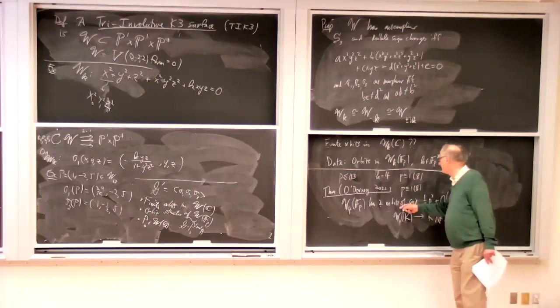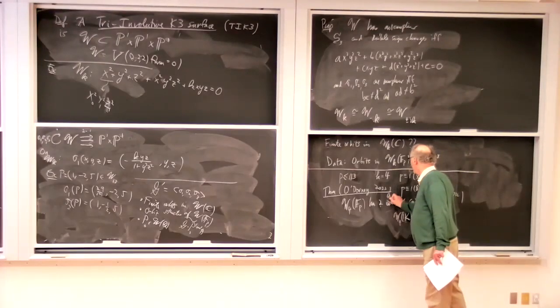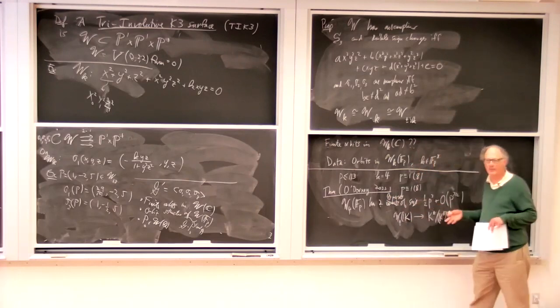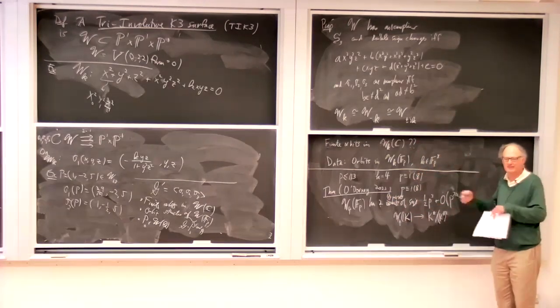Actually, I shouldn't have said orbit, I mean G-invariant sets. It's possible those orbits break up into smaller orbits, but in any case, yeah.